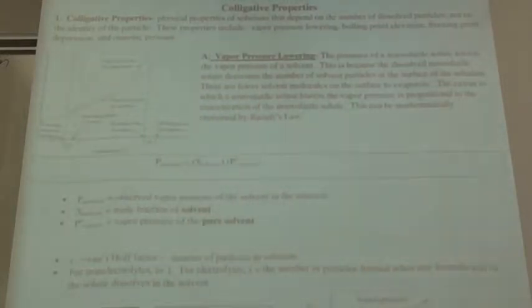Now, we need to discuss vapor pressure lowering, but before we discuss vapor pressure lowering, let's take a trip down memory lane and talk about vapor pressure. Vapor pressure is formed in a closed container when a liquid evaporates at the surface.